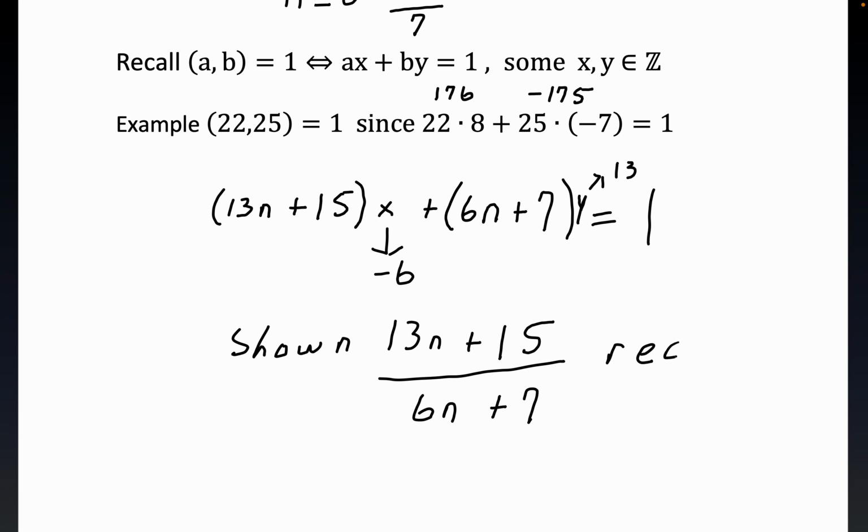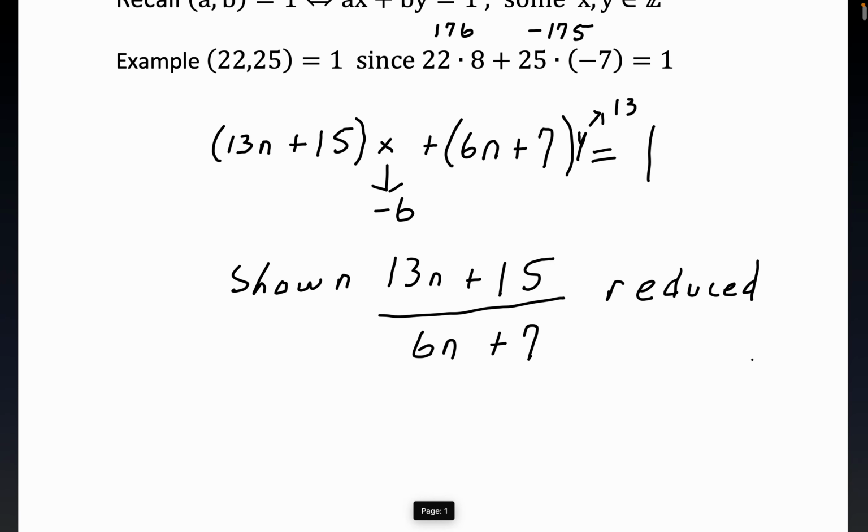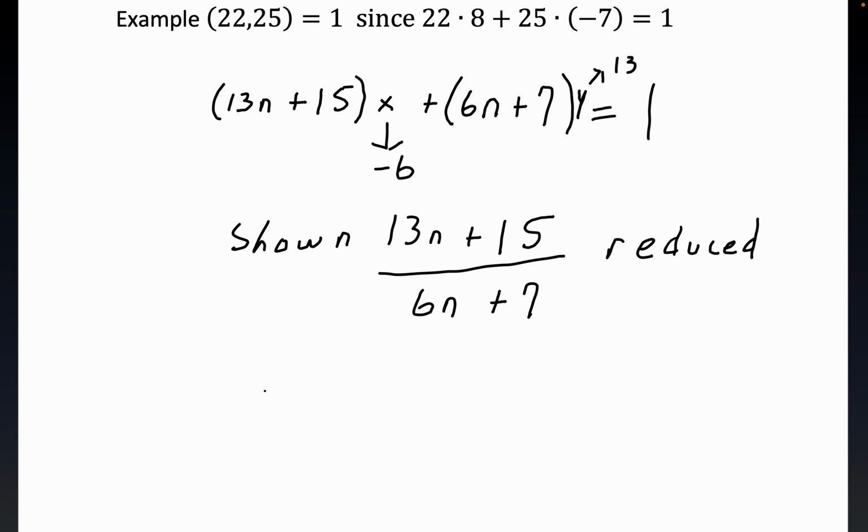Now, perhaps it would be more circumspect if I would just write down what this result above actually means. I should write that down again, I suppose. We have shown that the GCD of 13n plus 15, and I could be really annoying if I wanted to put that in parentheses, but I won't. Okay, hopefully the comma delineates it good enough.